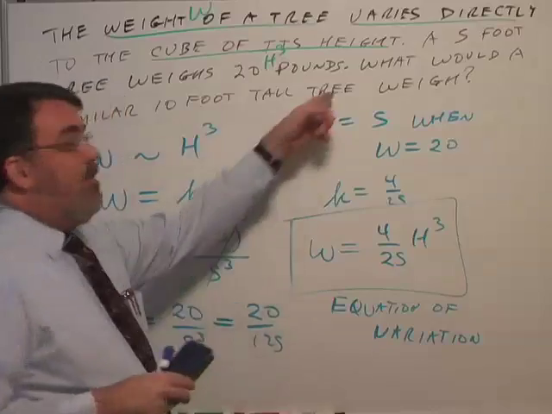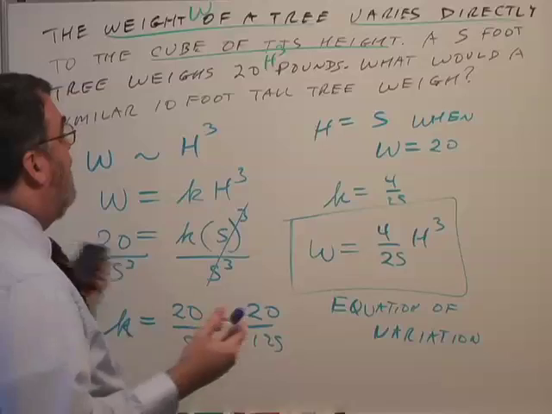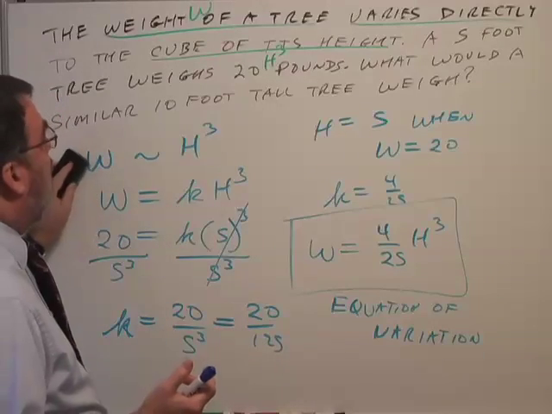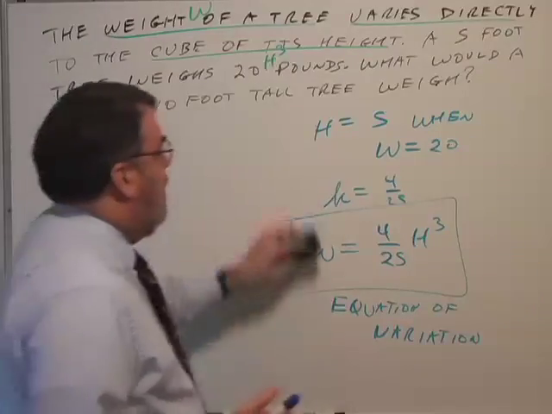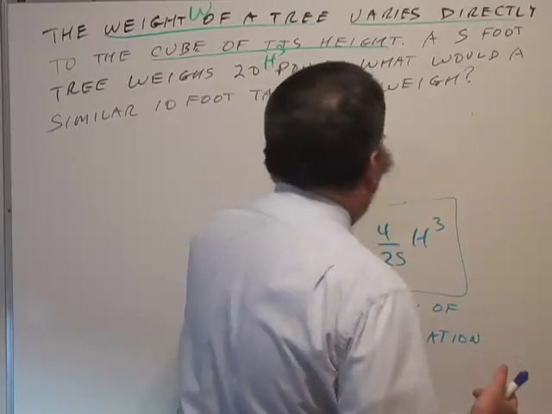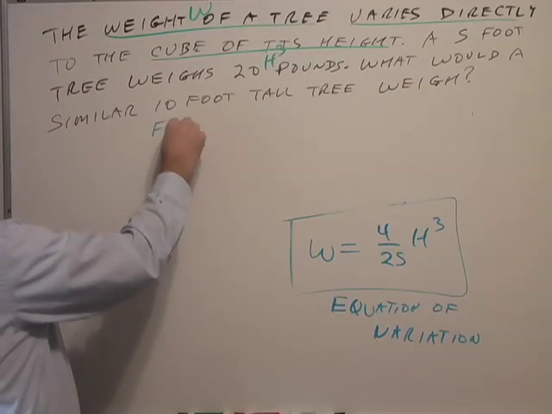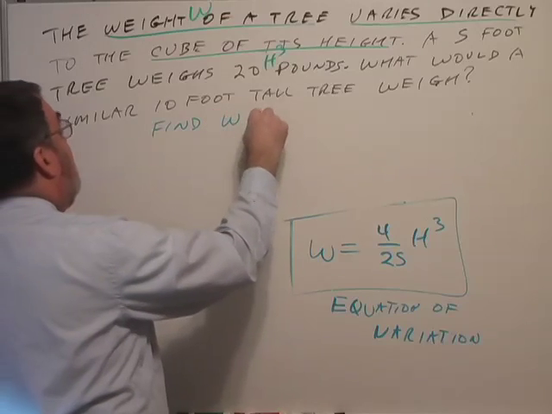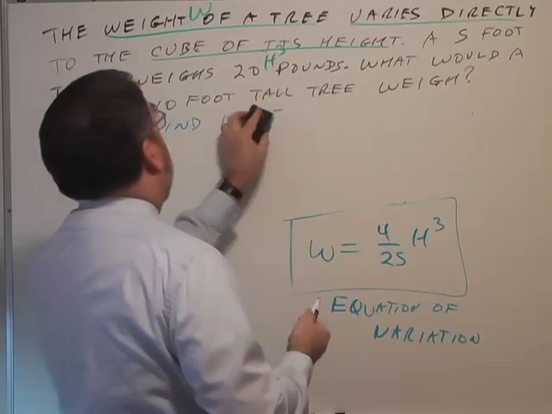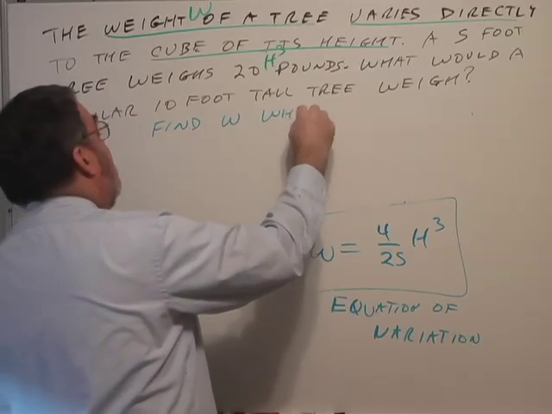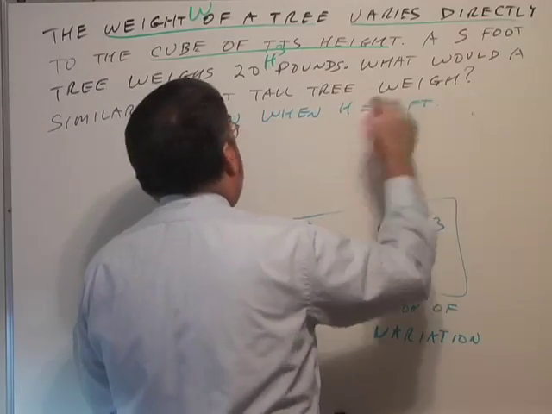Now we're only going to apply it once, because the third sentence just asks us to apply this equation of variation. So what would a 10-foot tall tree weigh? When you translate that, this last sentence means find W when h equals 10 feet.